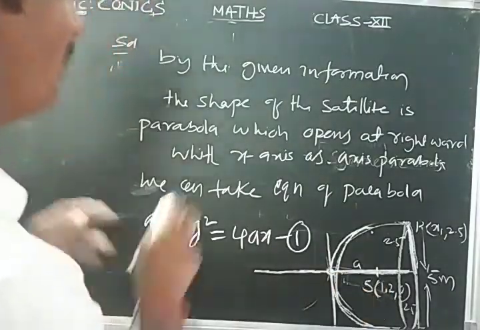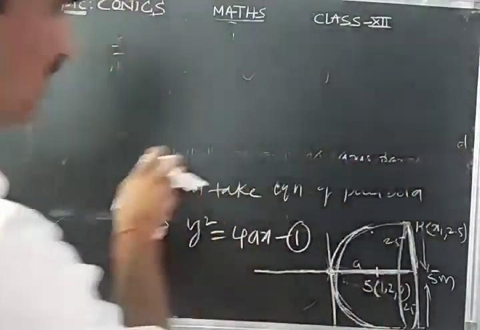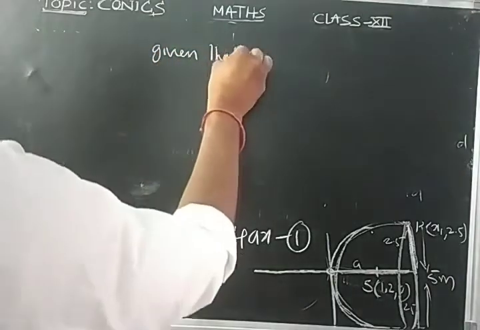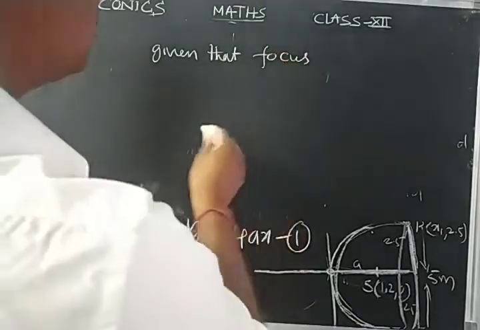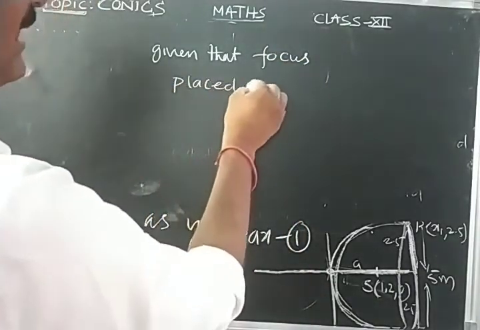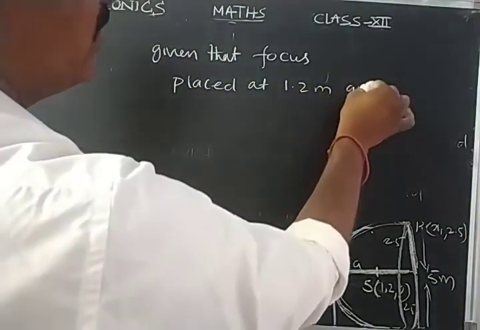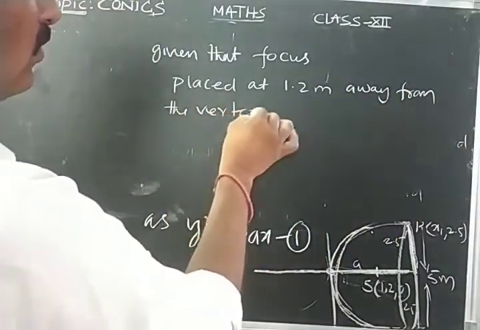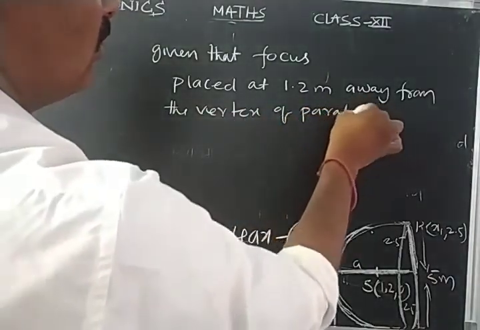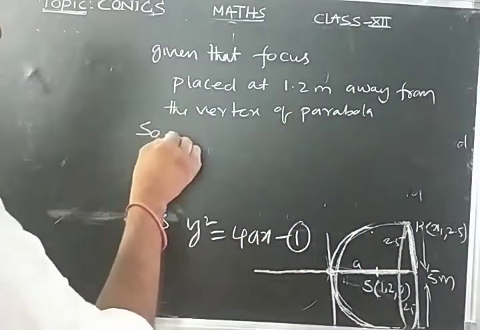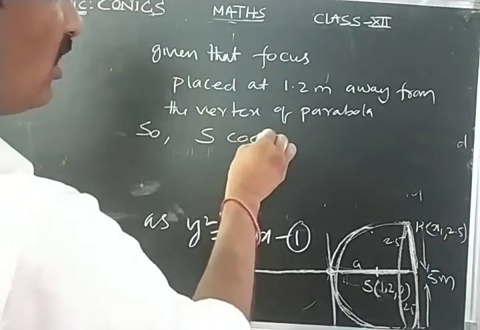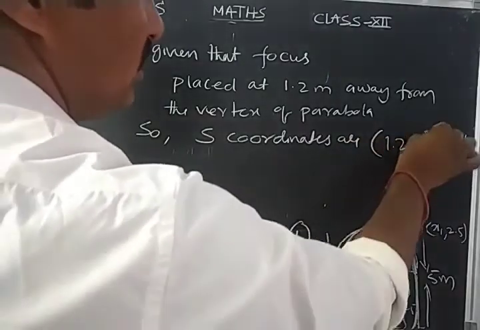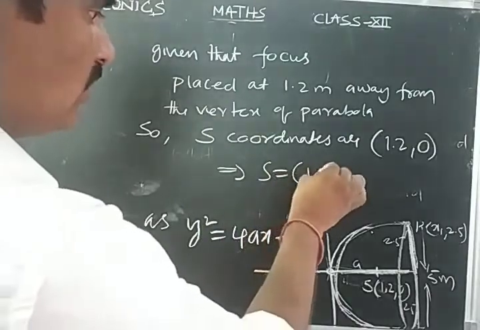Given that the focus is placed at 1.2 meters away from the vertex of the parabola, the coordinates are (1.2, 0). That implies S is (1.2, 0).